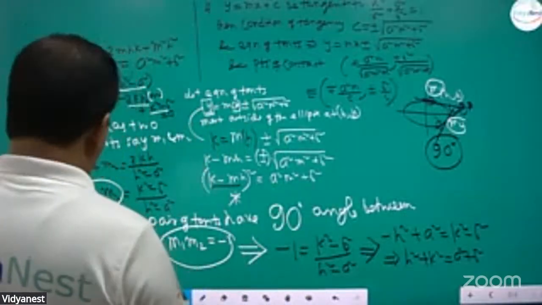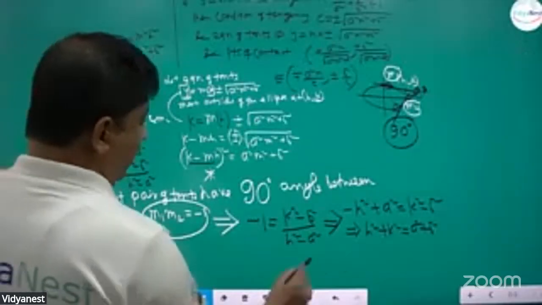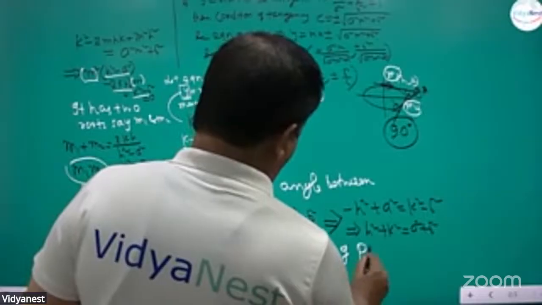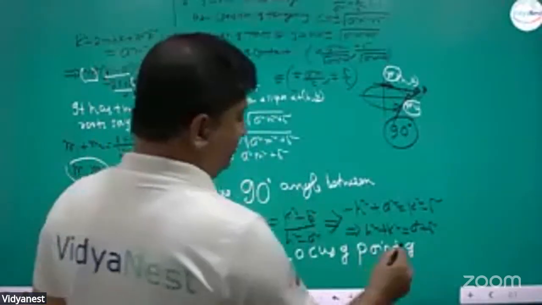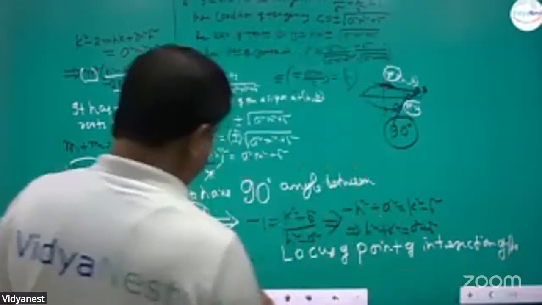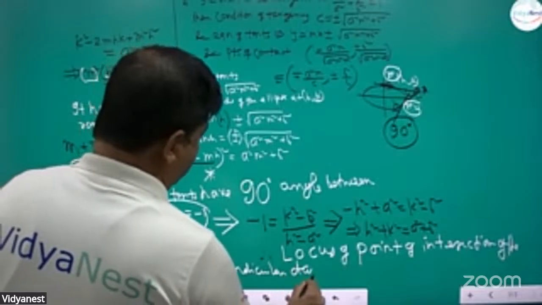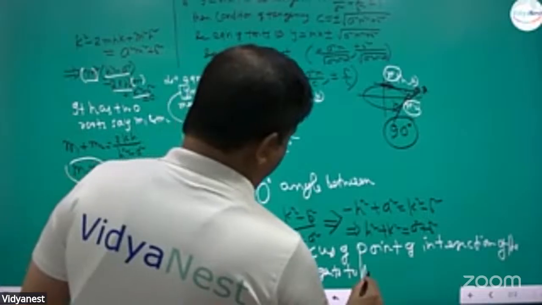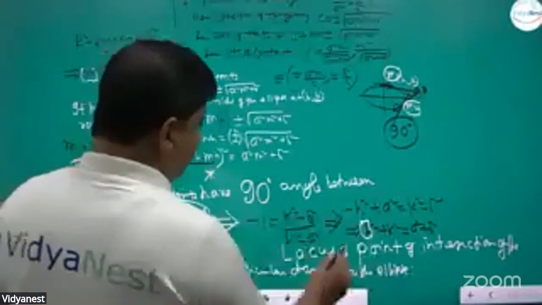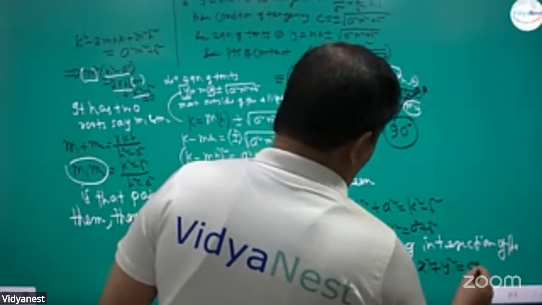Therefore, the locus of the point of intersection of the perpendicular tangents to the ellipse is what? x square plus y square equals a square plus b square.